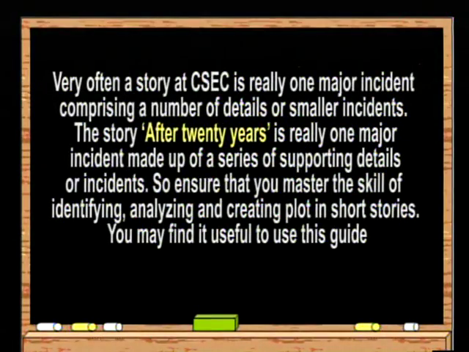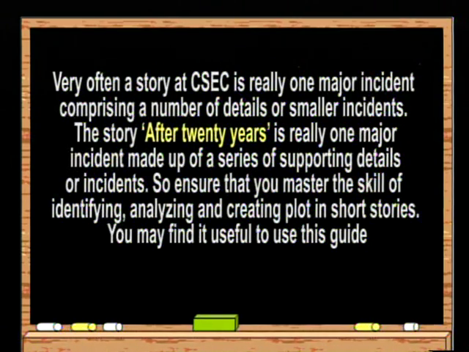Very often a story at CSEC is really one major incident comprising a number of details or smaller incidents. The story After 20 Years is really one major incident made up of a series of supporting details or incidents.